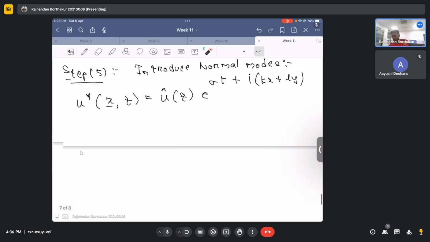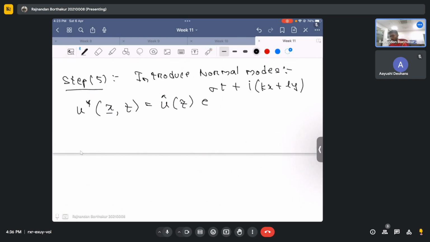So this is introducing normal modes in the x direction velocity. We also need to do this in v star, because v star is also a function of x and t, and this would be v cap of z times, there should be a bracket here, though even if you don't use it it's fine, e power sigma t plus i times kx plus ly.